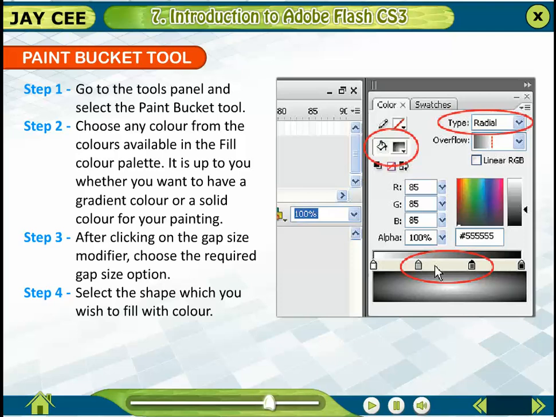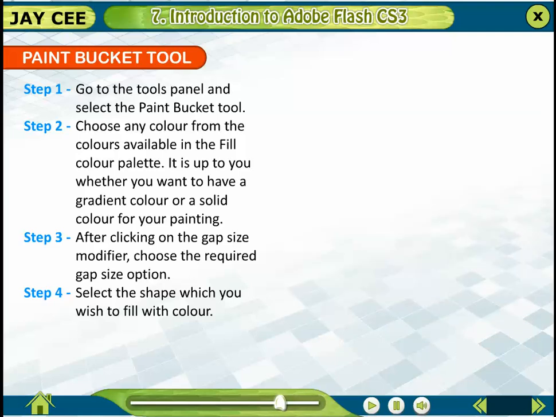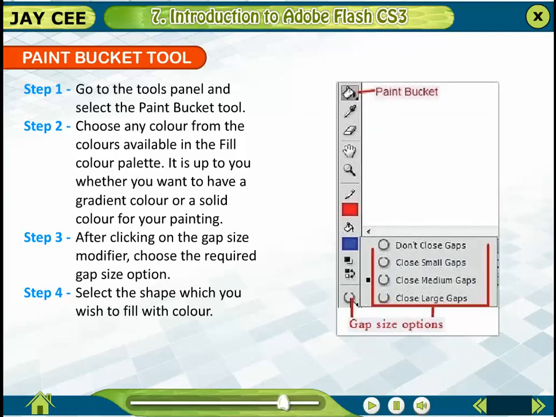It is up to you whether you want to have a gradient color or a solid color for your painting. Step 3. After clicking on the Gap Size modifier, choose the required gap size option. Step 4. Select the shape which you wish to fill with color.